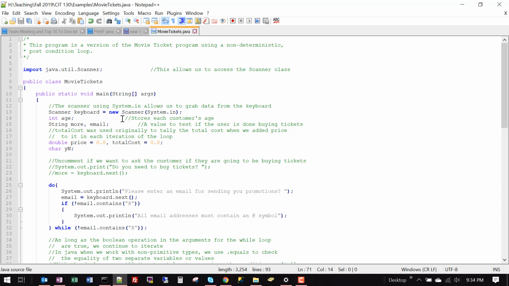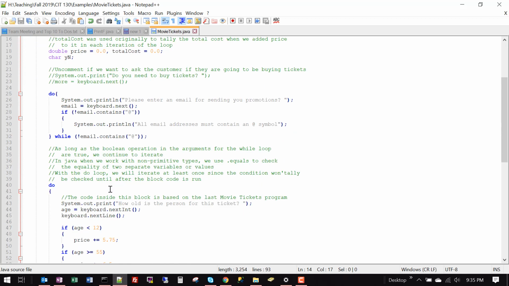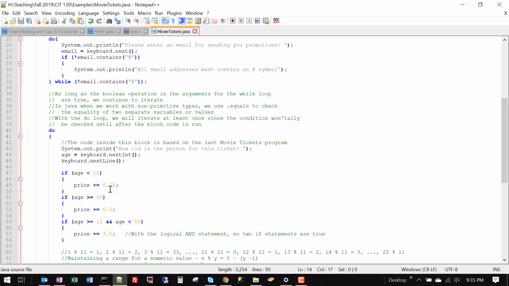So age, we've made it an integer. Since it's an integer, what we can do is we can get that age from the keyboard. We could pull that in as a byte.